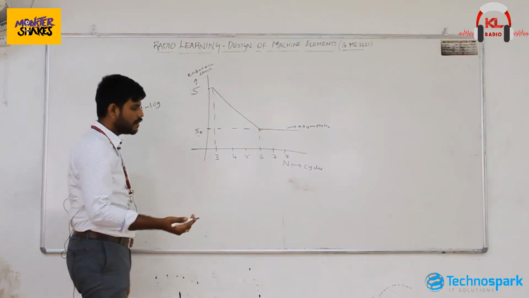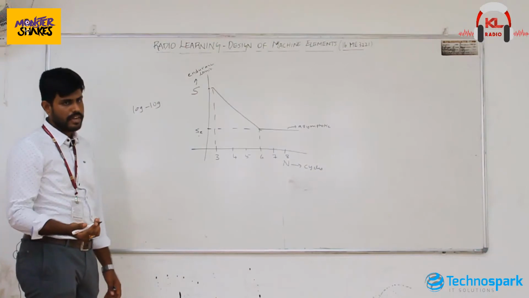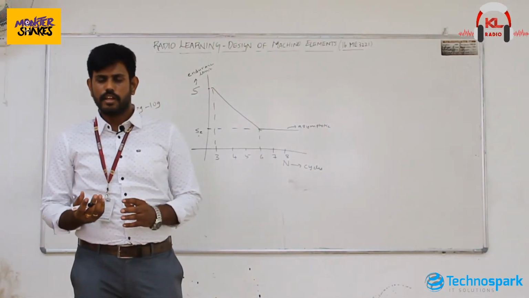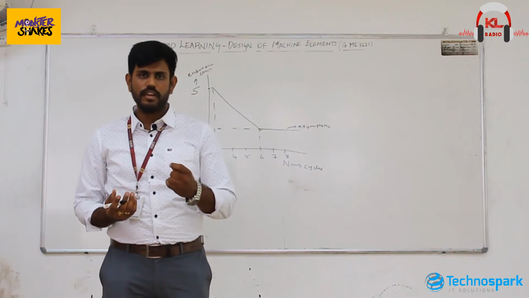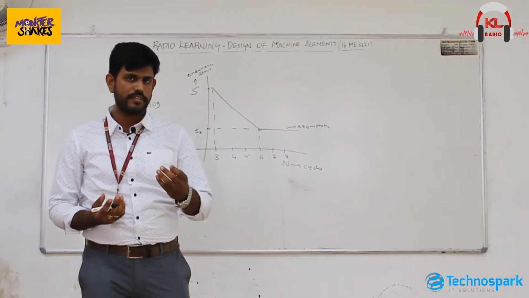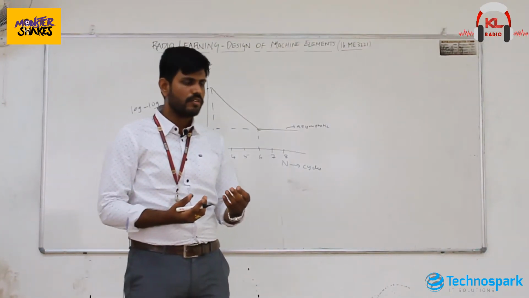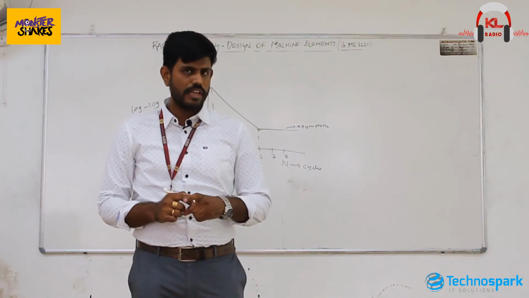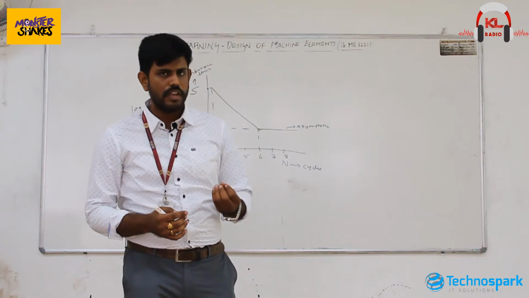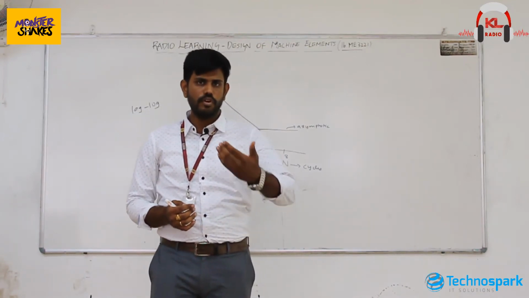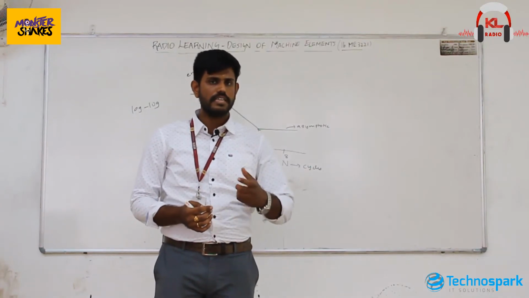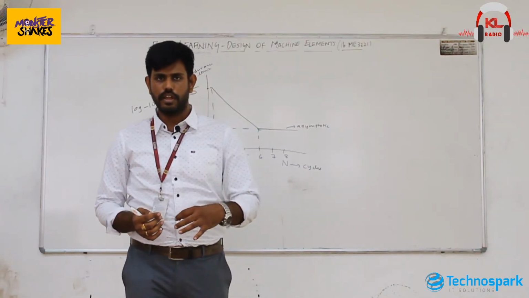When you design a machine element for fatigue loading, as I told you at the start, you have to design it for the endurance limit, not directly for your material property. Fatigue loading might fail your component before yielding itself, so you don't consider yielding as the criterion for failure.